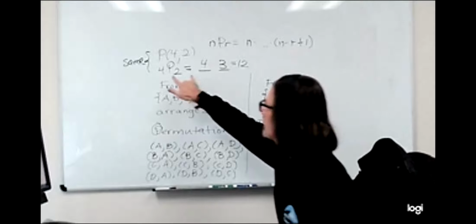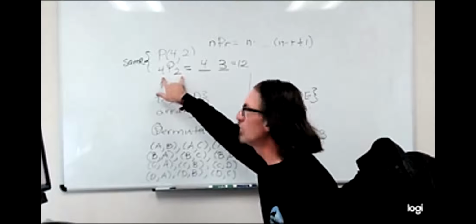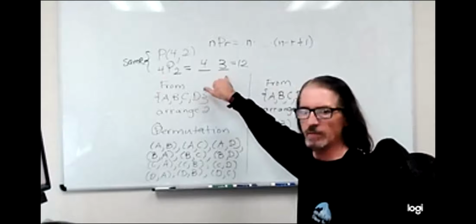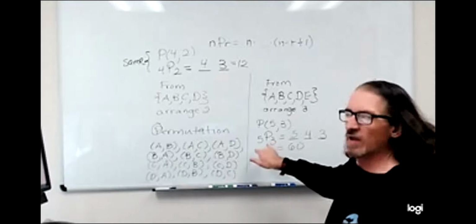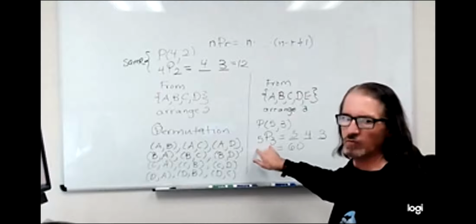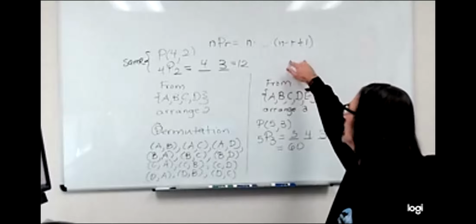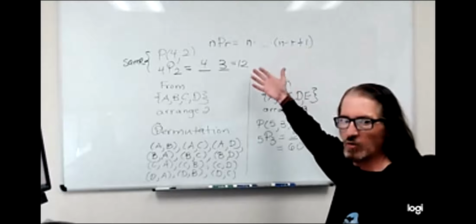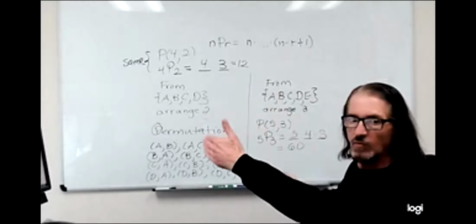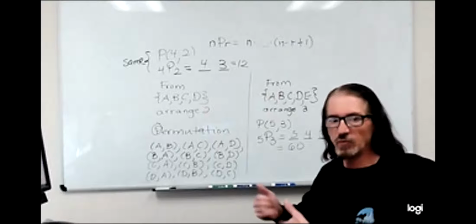In this case, 4 minus 2 is 2, 2 plus 1 is 3. Coincidentally, 5 minus 3 is also 2, 2 plus 1 is 3. So in each of those cases, the last thing in this string of multiplication was 3.